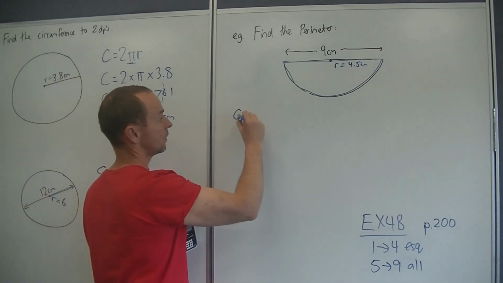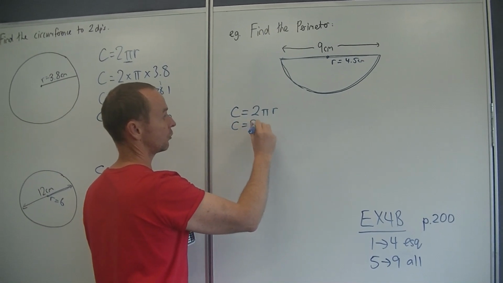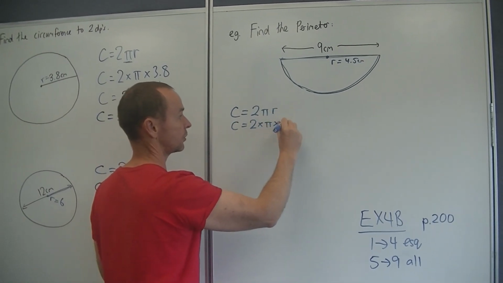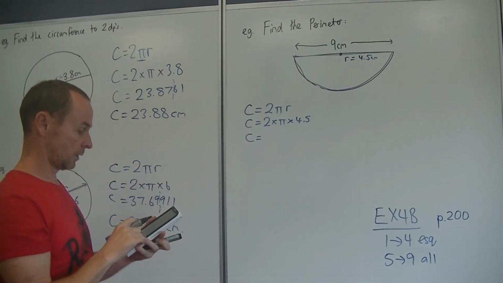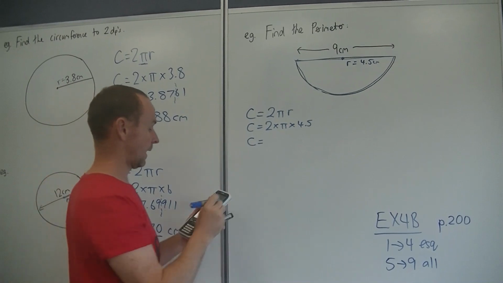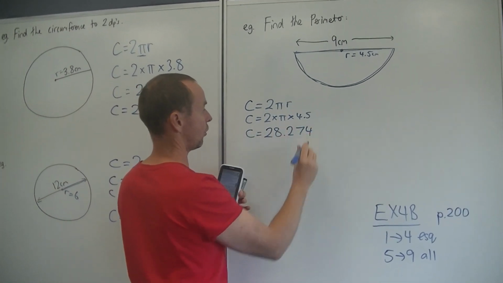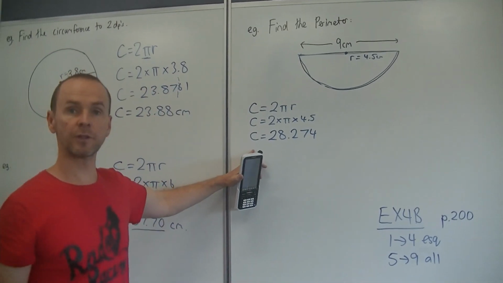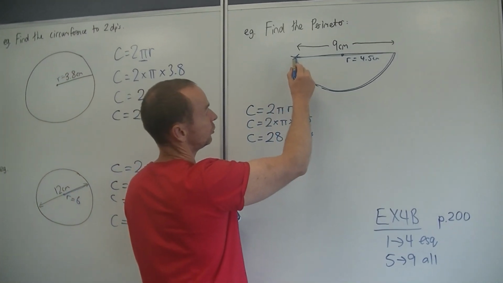So, circumference equals 2 pi r. We're going to find 2 times pi times the radius, which is 4.5. So put that into our calculator, 2 times pi times 4.5, and we get 28.274. Now that is the circumference of a whole circle, but how much of this circle do we have?